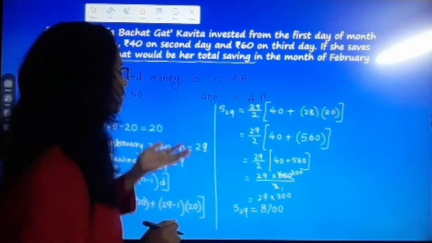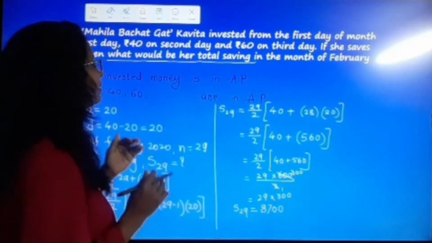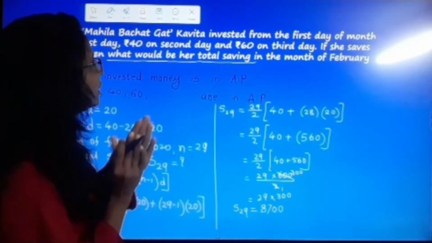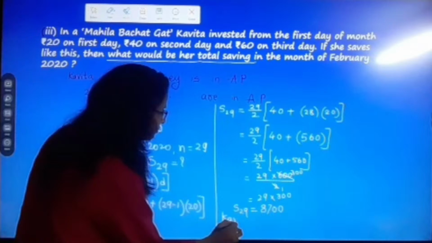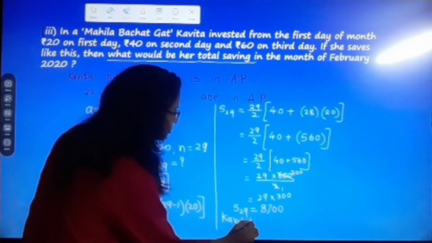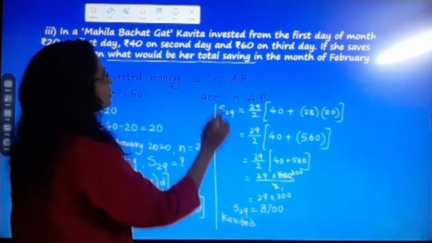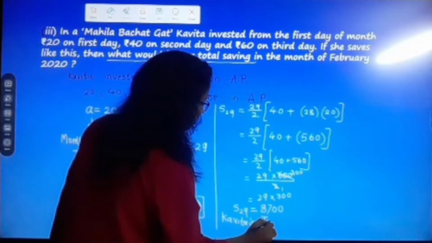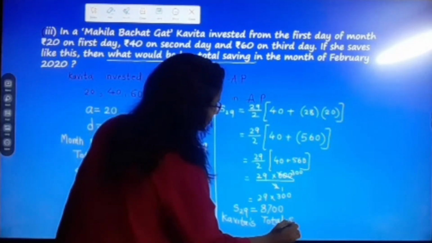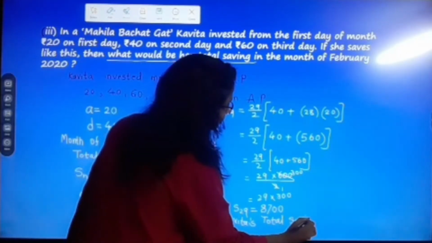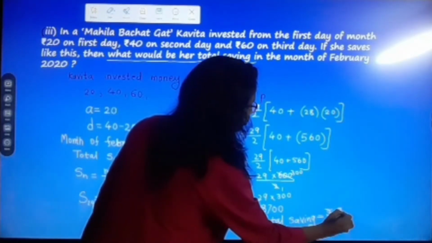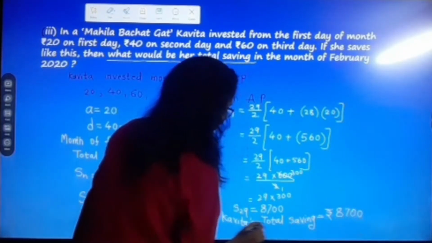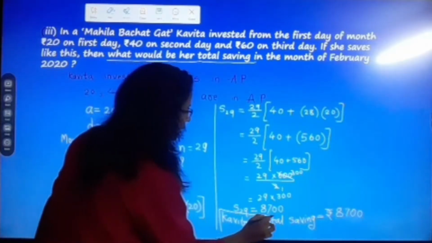That means students, we write down the answer as Kavita's total saving is equal to rupees 8700.